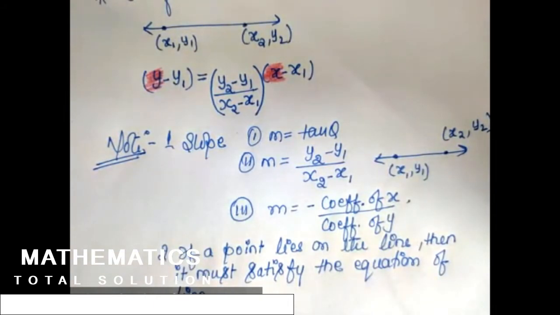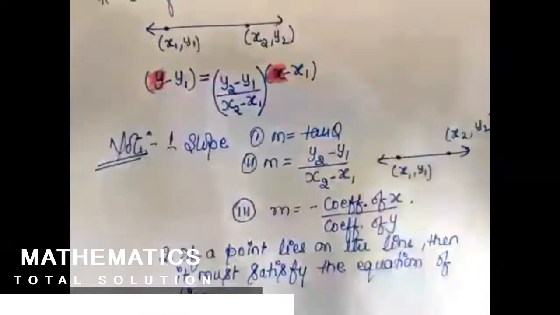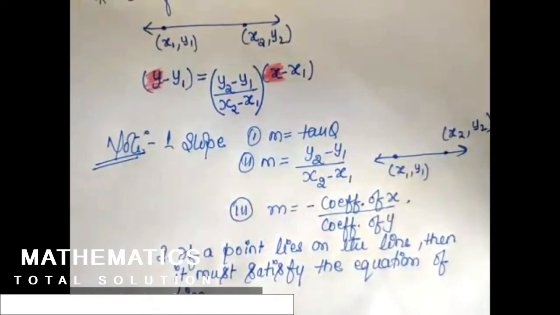If a point lies on the line, then it must satisfy the equation of line.